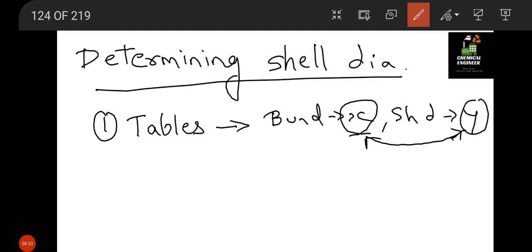Okay, so these are the standard tables. You can Google it. You will find such tables in images. Google standard tables for shell and tube heat exchanger designing. You will get it.